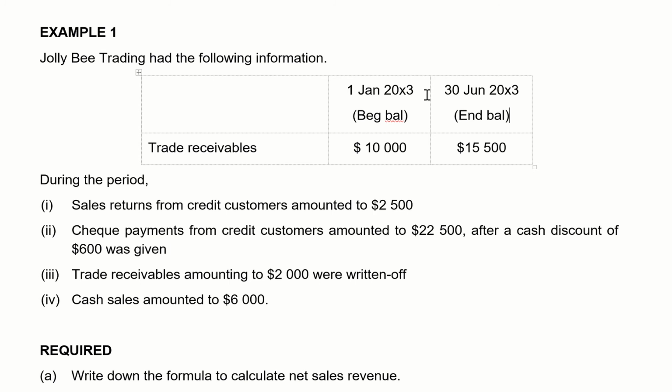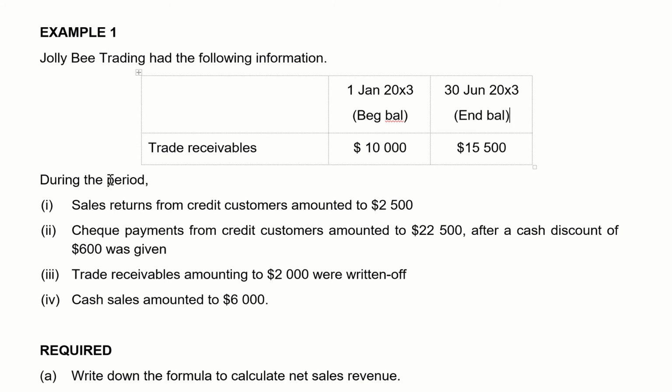Sometimes a business may need to prepare for 6 months, for 9 months, but more often than not, it's for a year. For this particular question, it just so happened that it's only for the 6 months. So they had the beginning balance on 1st of Jan and the ending balance on 30th of June, only 6 months.